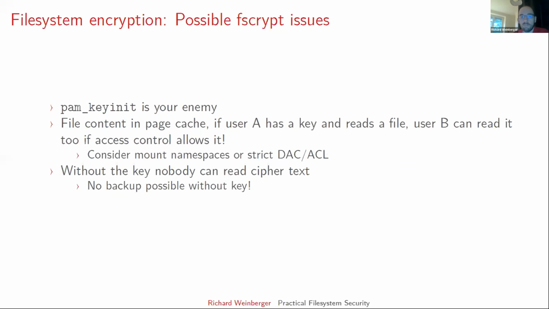But there are also some pitfalls. Like I said before, when you access a file, the process in charge, or the user in charge, has to have access to the key material.